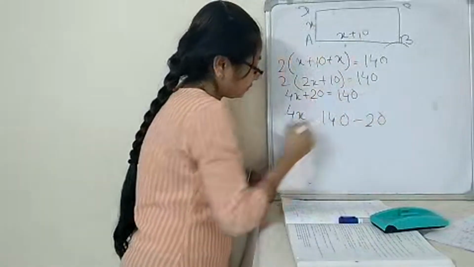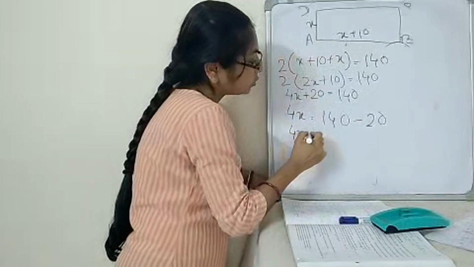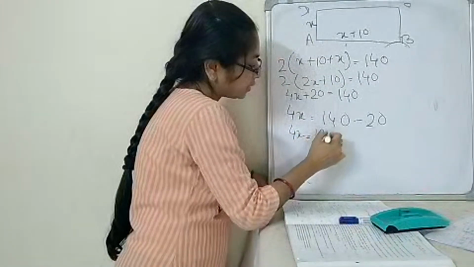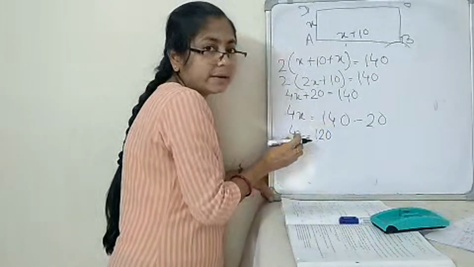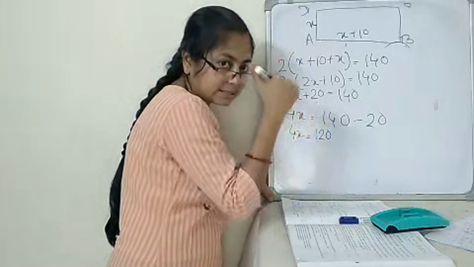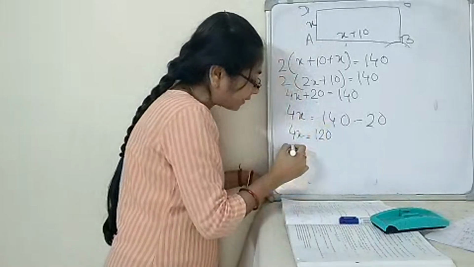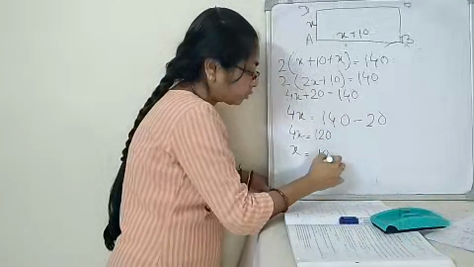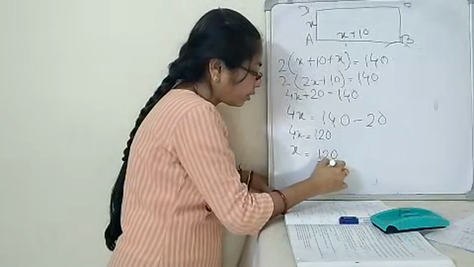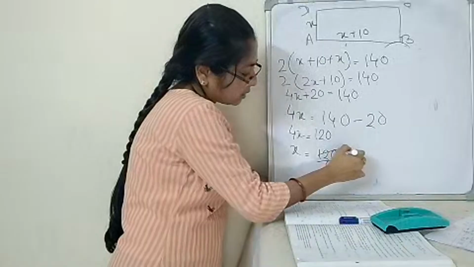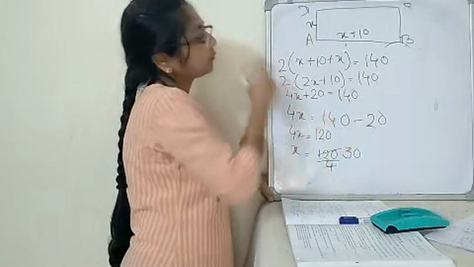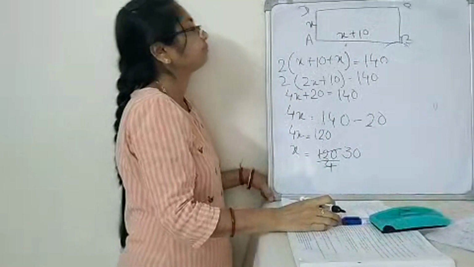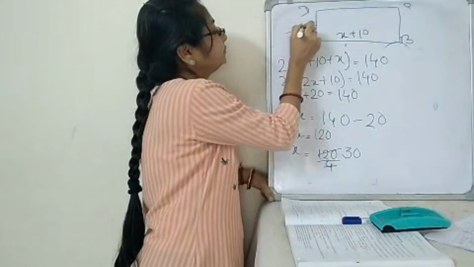Minus 20. 4x is equal to 120. The relationship between 4 and x is multiplication, and when I find the value of x, it is division. 120 divided by 4 is 30. Clear? So x is 30.